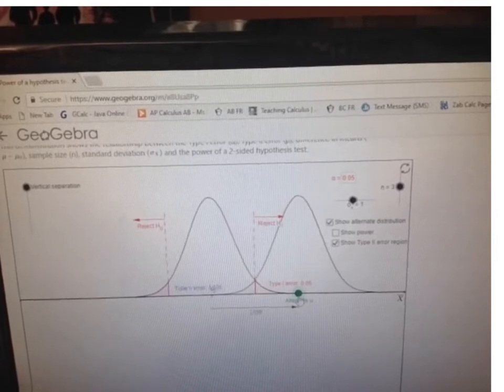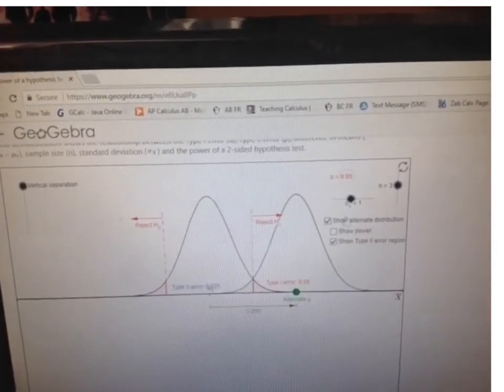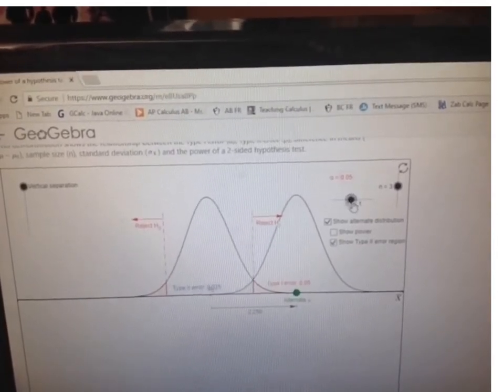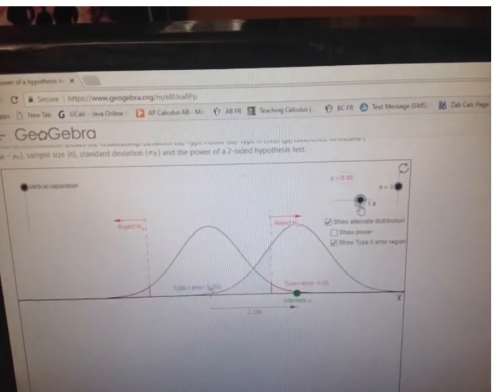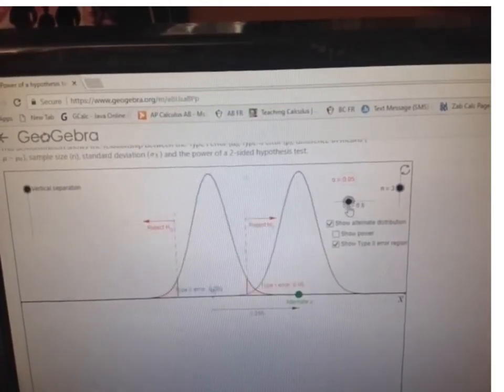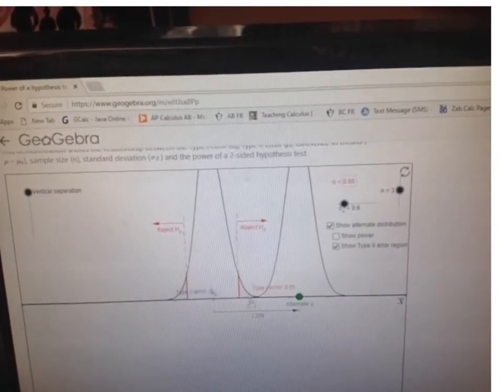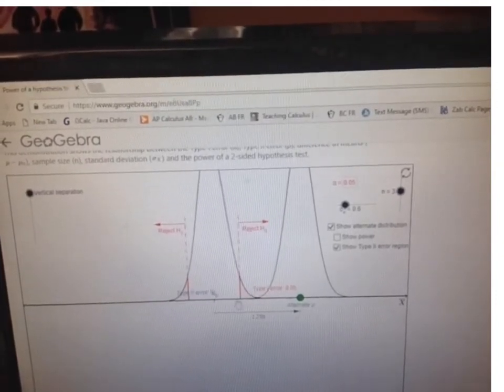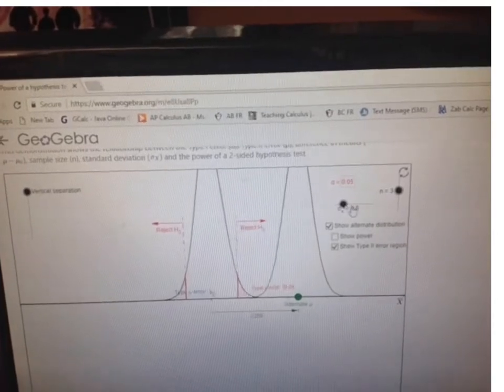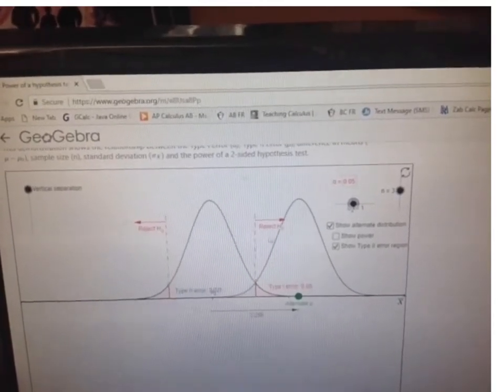We don't have control over that. Another thing we could do is change the deviation. Look at this, that would make it fatter if it's a bigger deviation. If it were skinnier, look, there's no type 2 error now, right? The tail is not going into the other curve. But again, we don't have the power to do that.